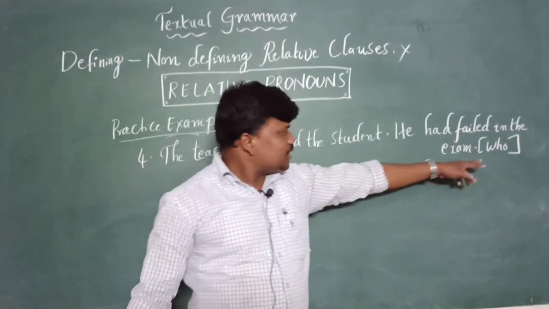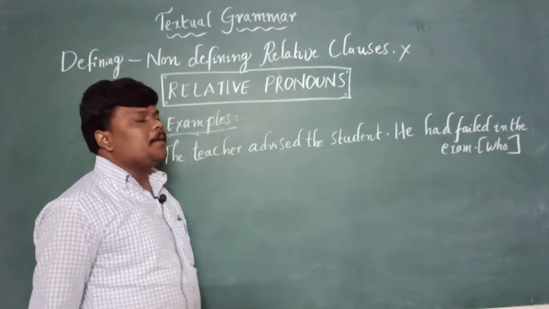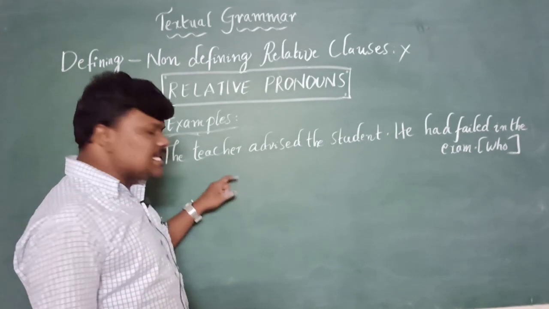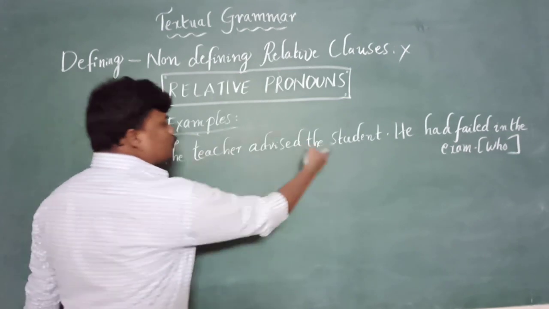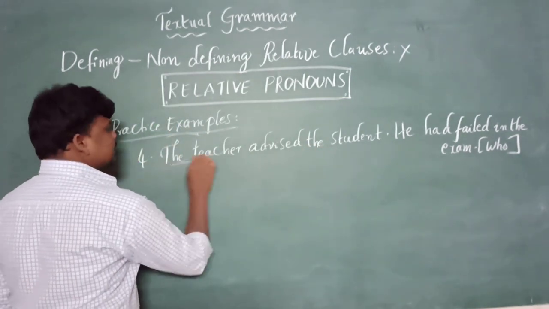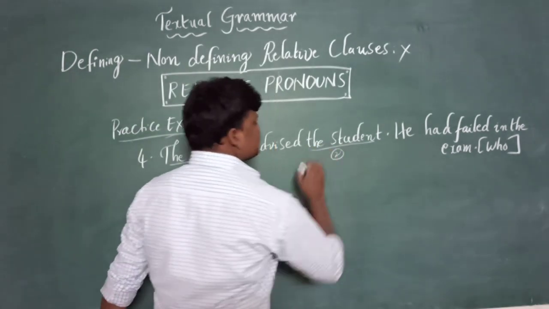So as usual, if who is there, we should definitely remember persons. Who always follows the persons immediately. As I already told you, if two nouns come in the first sentence, two persons, for example, teacher is one person and student is the second person.